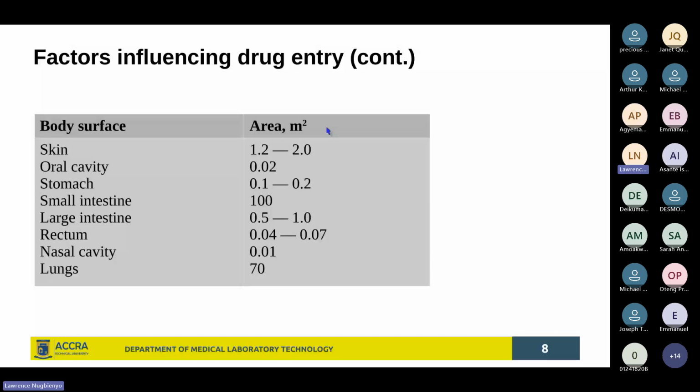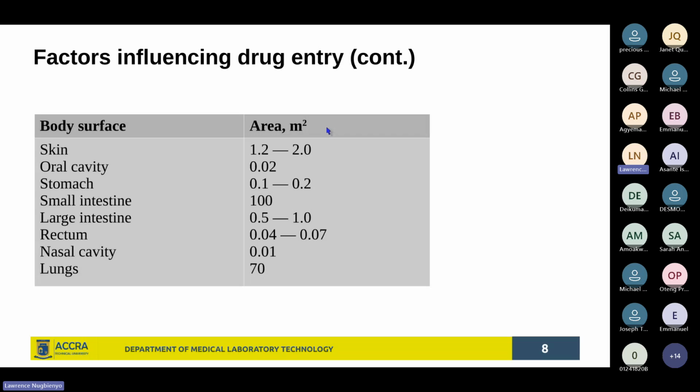The oral cavity, how much of it, the mouth is small. I mean, that is like say 100 times smaller than the area of the whole skin. For instance, how much of a drug substance can get absorbed through the oral cavity. The stomach, small intestines.